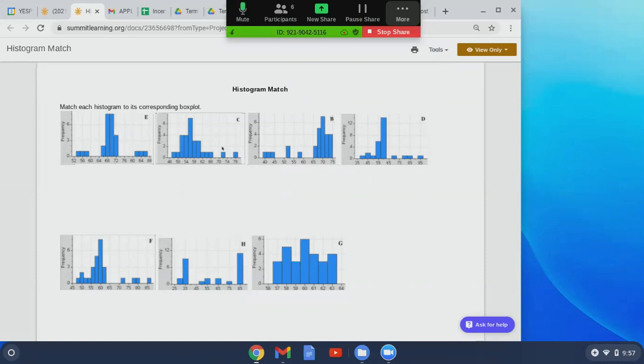Critically analyze. So when we look at graph E, just looking at the graph itself, we see that there's some data happening in the 50s, right?